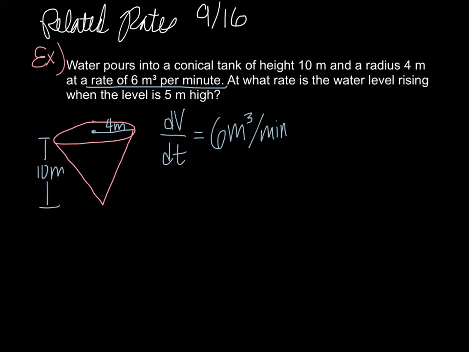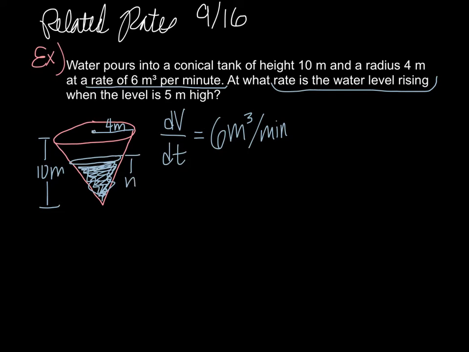At what rate is the water level rising when the level is 5 meters high? So at what rate is the water level rising? Well, if the water level is rising, I'm going to come back over to my picture here. Let's pretend that this is water. So I guess there's some kind of hose or something that's filling up this tank, and the water level is rising.